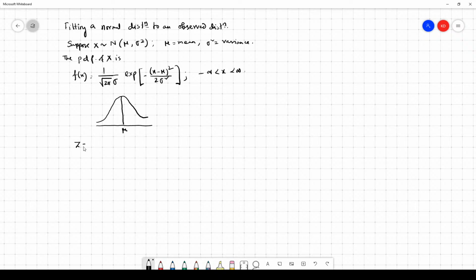Z, which is the standardized form of X, that is (x minus mu) by sigma, follows normal 0, 1. This is called the standard normal distribution.